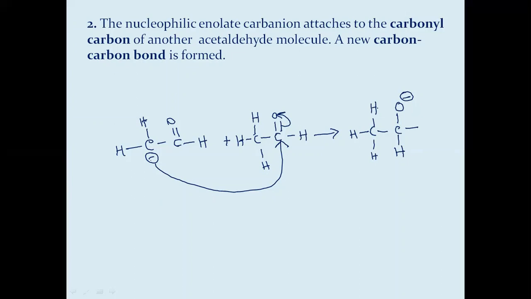Now this carbon has been attached to this carbon, so you have to write here the carbon bearing two hydrogens, and it is also connected to the aldehyde functional group. So here we have the formation of a new bond between this carbon of one acetaldehyde molecule and the carbon of another acetaldehyde molecule. Because of this, in this step we have the formation of a new carbon-carbon bond.